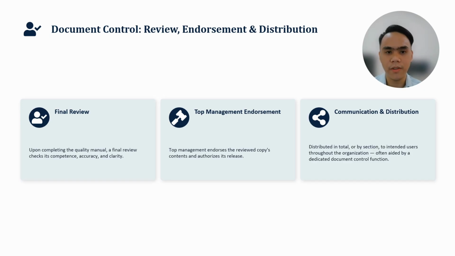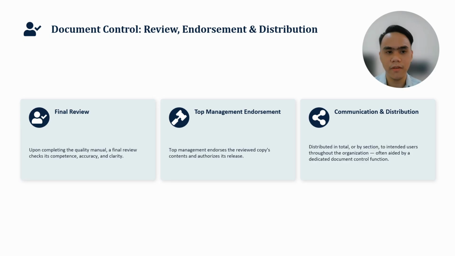Note that the endorsement sits specifically with top management, not just the quality department, which signals genuine organizational ownership of the manual's content. So not just a technical sign-off. Once released, the quality manual should be communicated and distributed in total or by section to intended users throughout the organization.